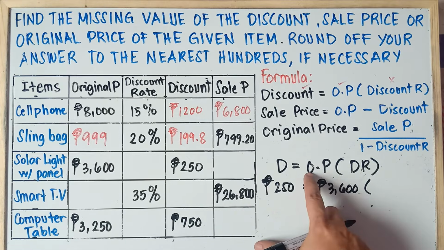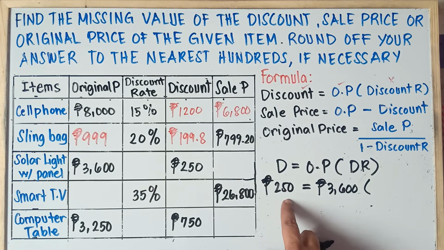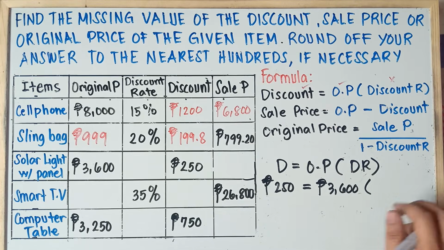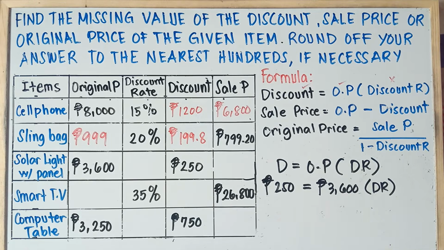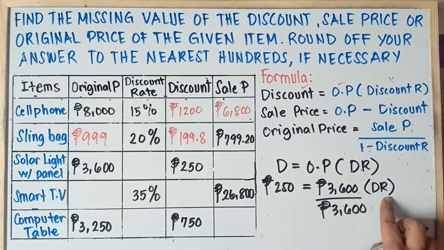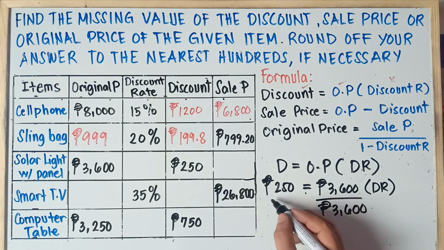So discount equals original price times the discount rate. We have the discount, 250, and we also have the original price, 3,600, but we don't have the discount rate, so I will just put DR. To get the value of DR, you need to divide the equation by 3,600, so that the remaining equation, class, will be only DR. Once you divide the right side of this equal sign by 3,600, you also do that on the left side, class, to make the equation balanced.